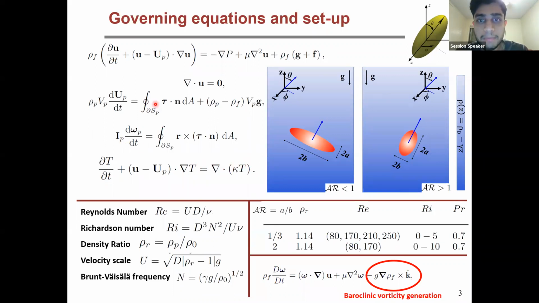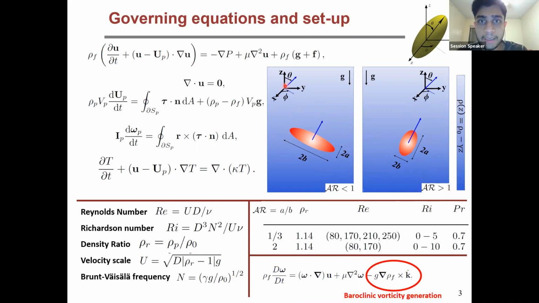And we use the immersed boundary method to model these particles, and we run simulations for two different types of particle. One is oblate spheroid, for which the aspect ratio is smaller than one, and the other is a prolate spheroid, for which the aspect ratio is larger than one.